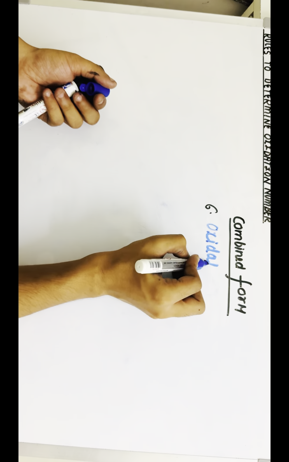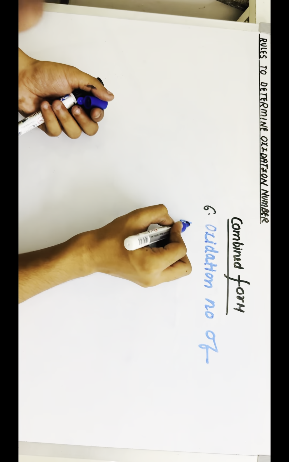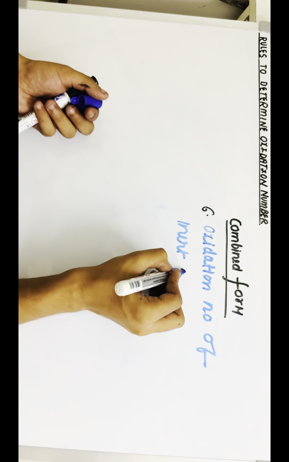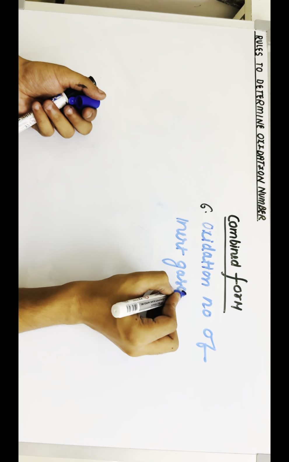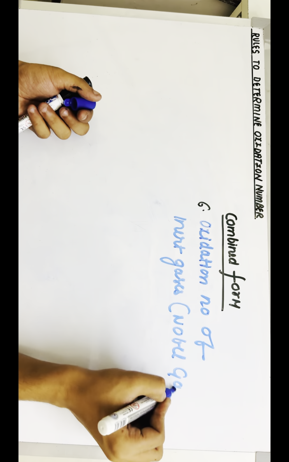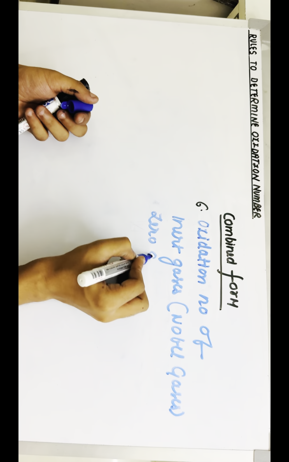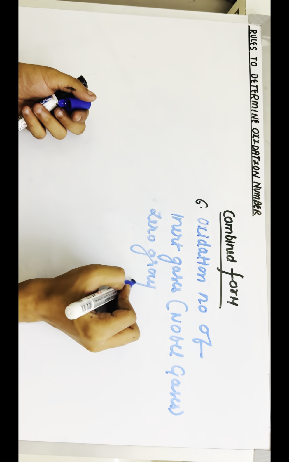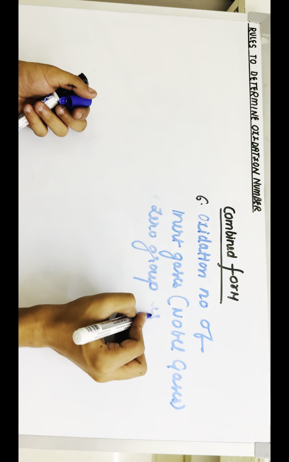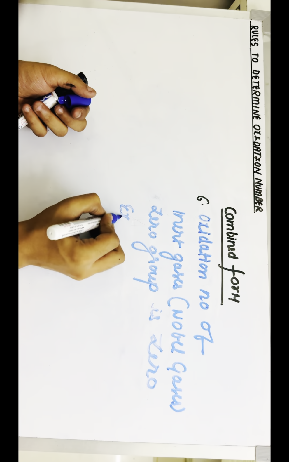Oxidation number of inert gases, or you can say noble gases, or you can say zero group, is 0 except xenon.